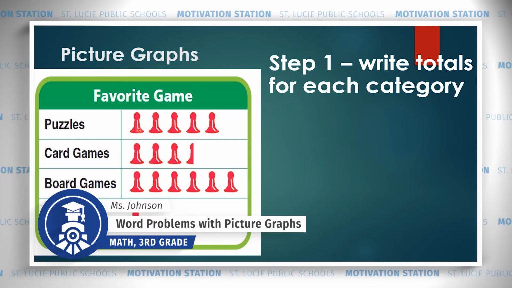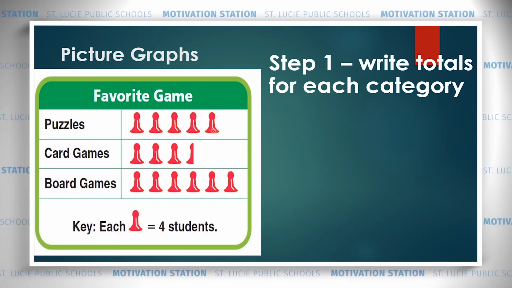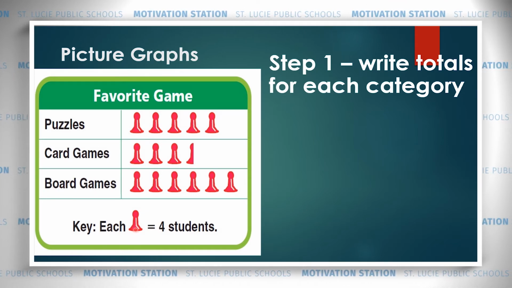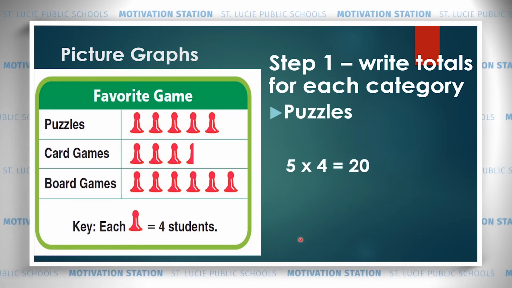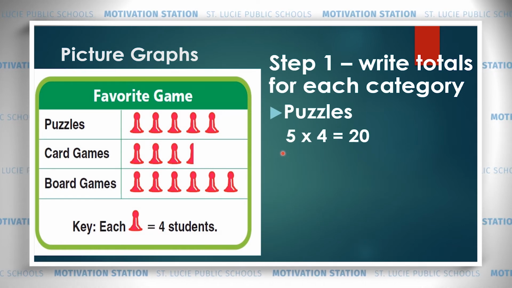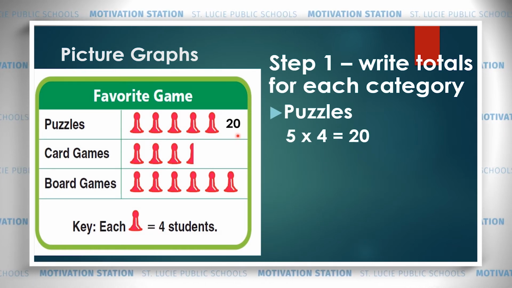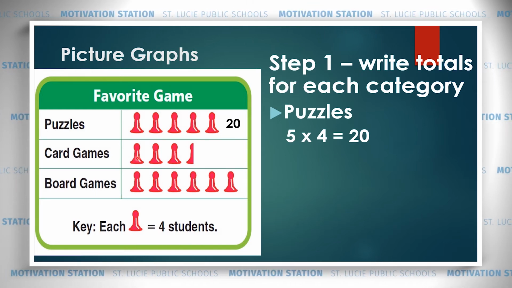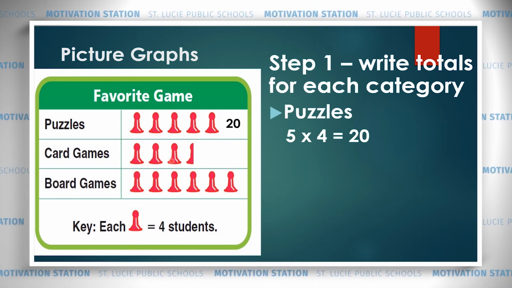Puzzles has 1, 2, 3, 4, 5 puzzle pieces that each equal 4 students. So 5 groups of 4 equals 20. And we would write 20 at the end of the row. Card games has 1, 2, 3 whole pieces.